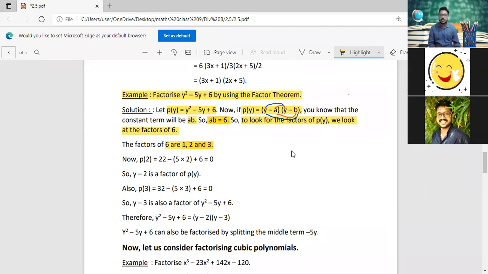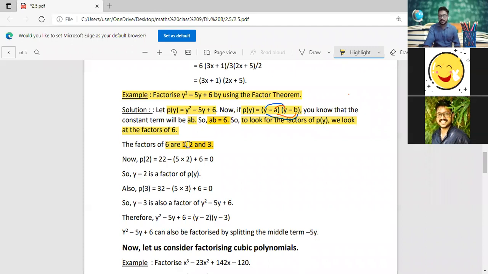Now we have to put each of these values in P of y, and check whether P of 1, P of 2, P of 3 gives you the value 0. If so, we can conclude that that number is a zero of this polynomial. We will see.